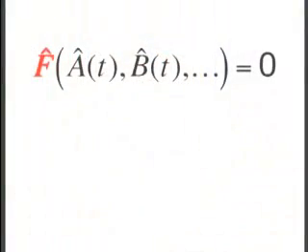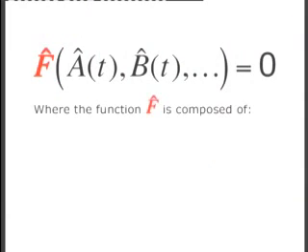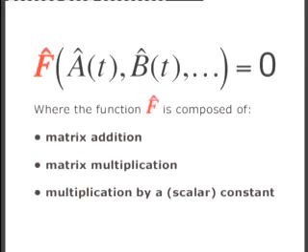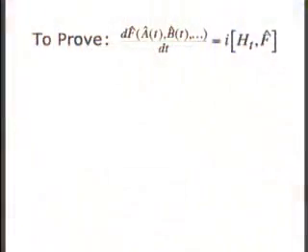We can always write it in the form f of A of t, B of t, and so on, equals 0, where A and B and so on are observables at time t, and the function f uses any of the operations of matrix algebra, namely matrix addition, matrix multiplication, and multiplication by a constant. It's sufficient to prove that f itself obeys the law of motion.